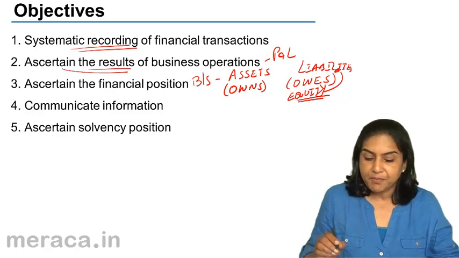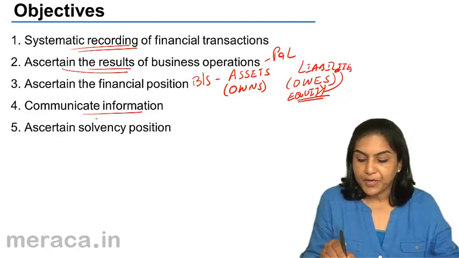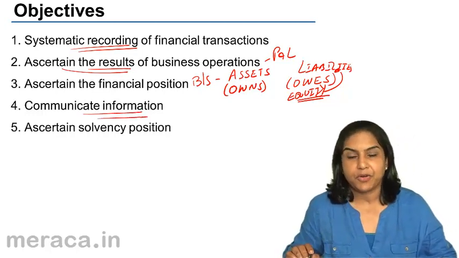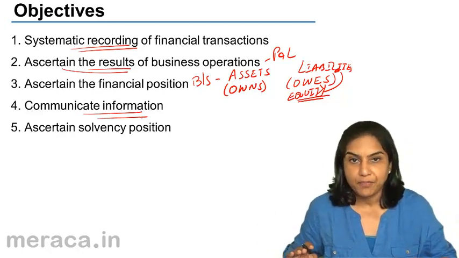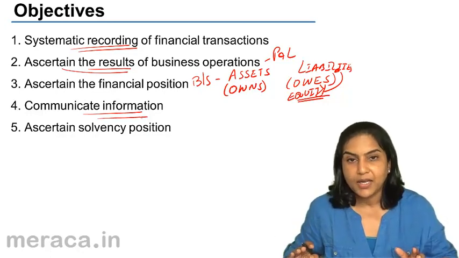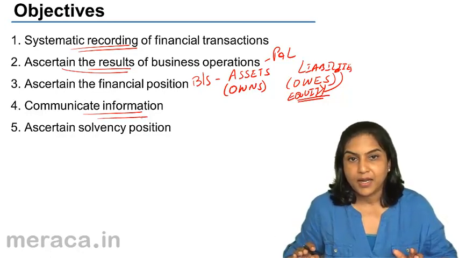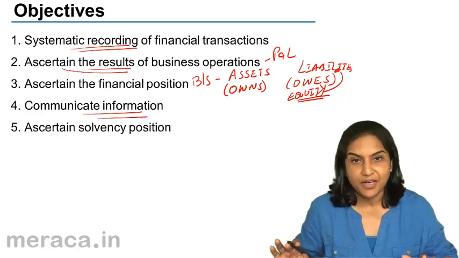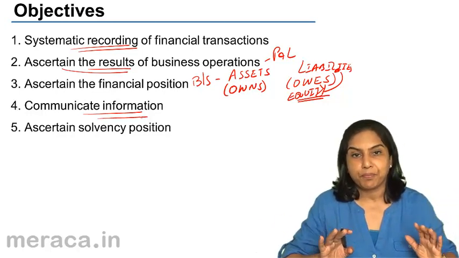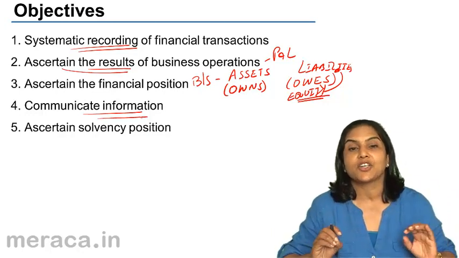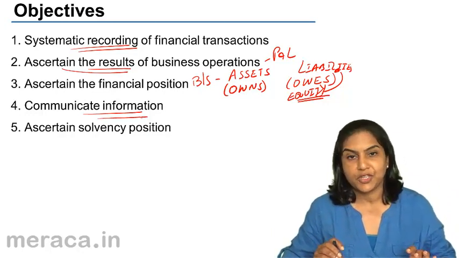The next objective of accounting would be to communicate this information. So, in case of a company form, every year, annually, the financial statements are released consisting of a profit and loss account showing the performance, the profits, the result of the business operations for that year.